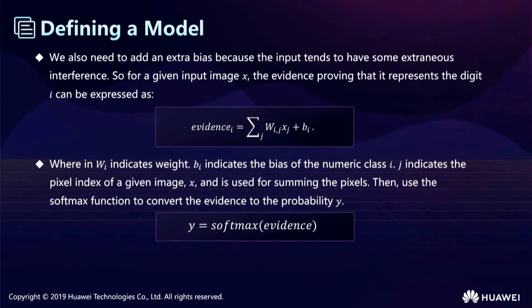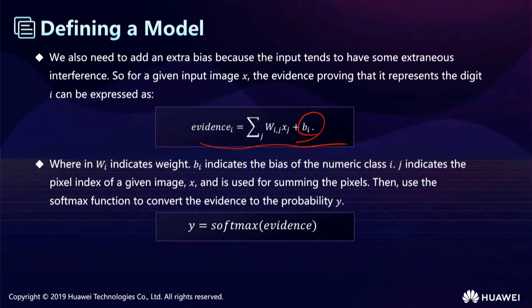As we all know, nothing is perfect, and there is noise in our training dataset, so we need to add the extra bias. Then we can get the formula below and add our bias.